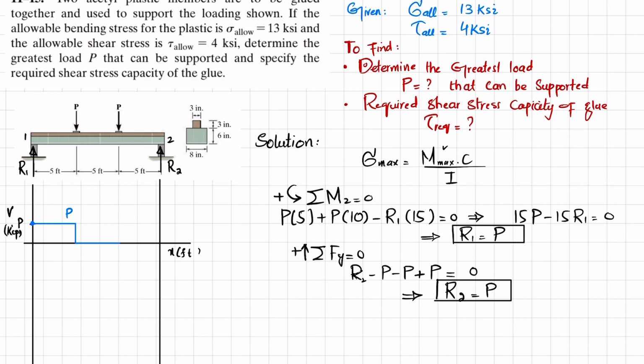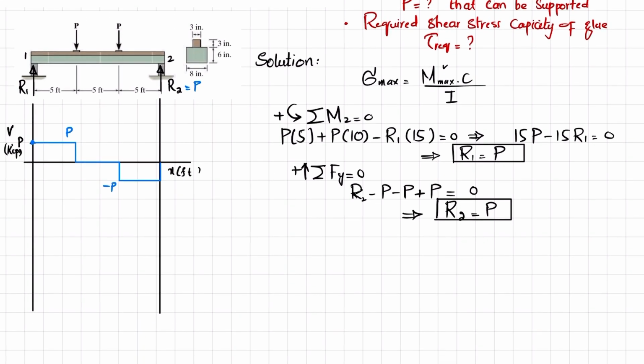Now here you have a load of minus P, so it will go toward minus P. This is your minus P, and it will remain the same till the last point, where you can see R2 is equal to plus P. So minus P plus P will bring it to 0. So this is your shear force diagram.